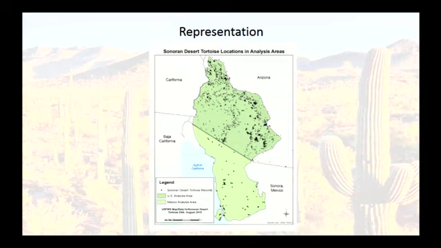So we first started making one giant analysis unit for the whole species. But we decided to separate out Mexico from the U.S., figuring that there would be, at the very least, management differences across that border. There's some indication in the next couple of years there may be a major barrier between Mexico that might serve as future genetic differentiation.